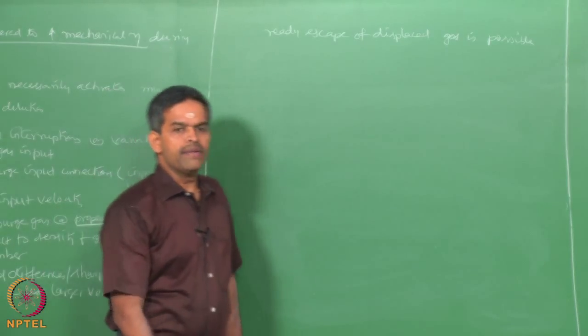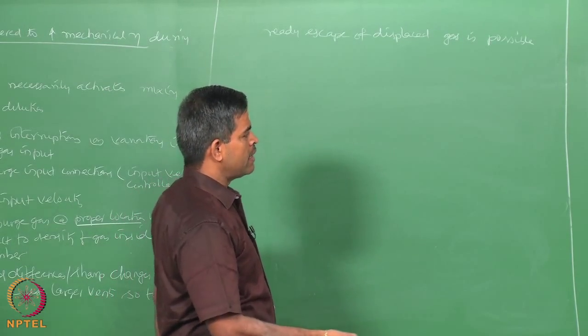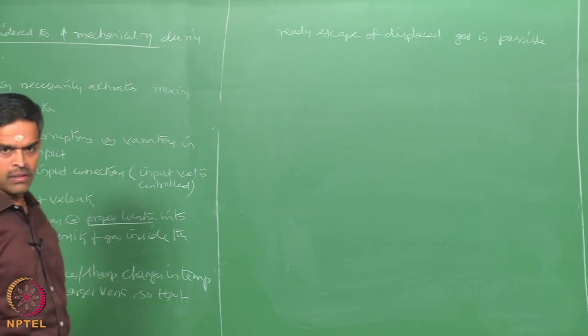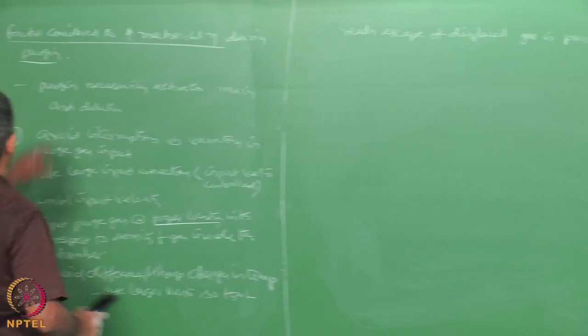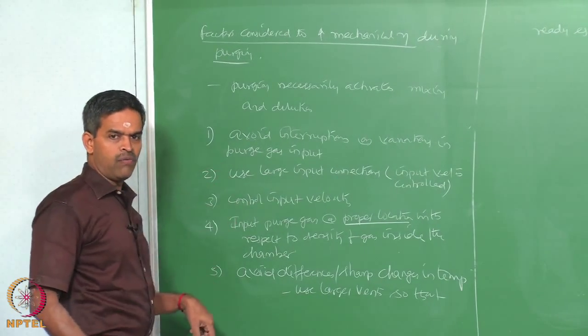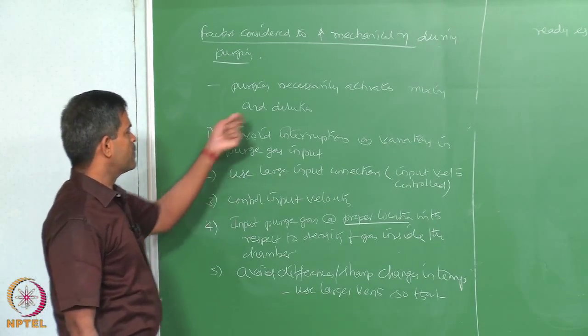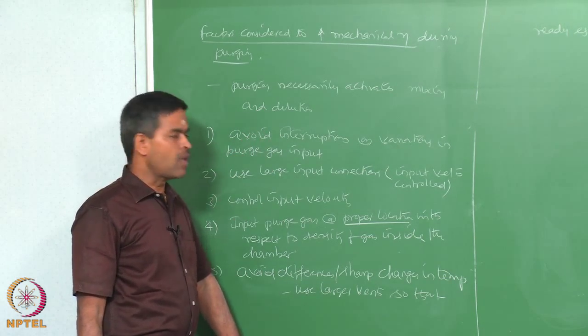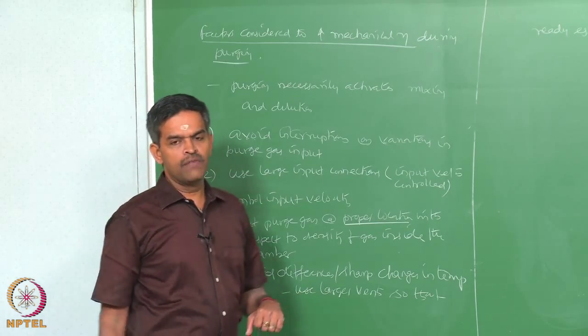So, with this in mind, after understanding different factors which can influence the purging operation and what are those safety precautions which should be taken care of to ensure proper mixing and dilution during purging operation, let us try to understand now with this perspective different methods of purging.